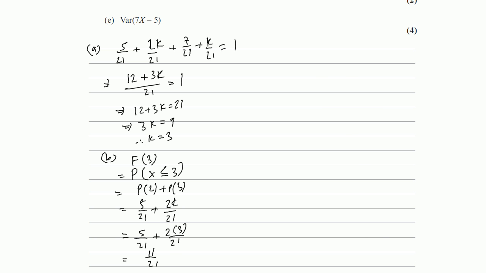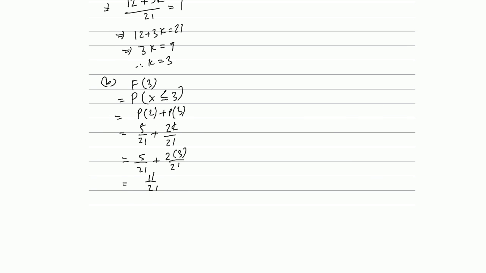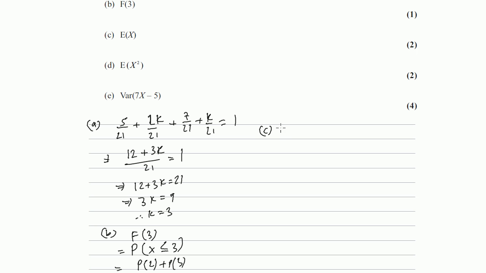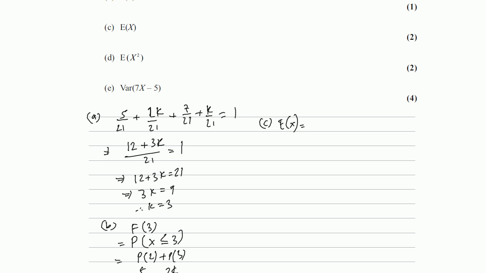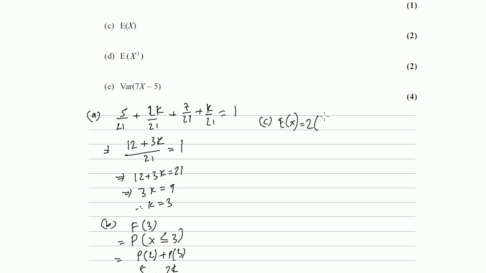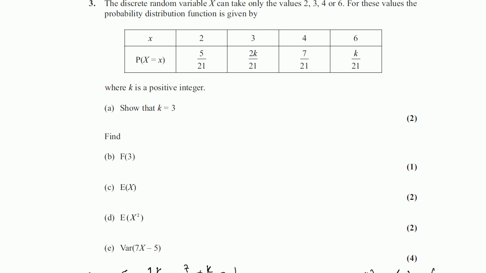Question number C is find the expected value. So expected value is random variable times probability. So 2 times 5 by 21, plus 3 times 2k by 21, plus 4 times 7 by 21, plus 6 times k by 21.